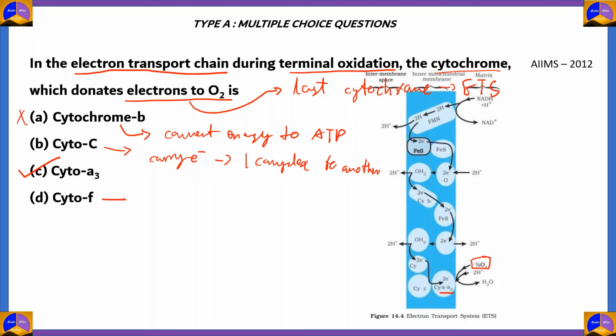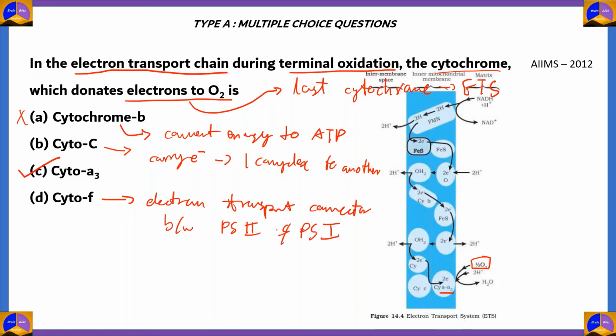And cytochrome F acts as the electron transport connector between PS2 and PS1.